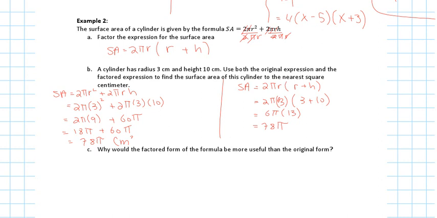It's easier to evaluate, okay? I'm not going to write anything for this. There's not much to write, it's just your opinion. Why do you think it is? I say it's easier, less operations. I don't have to do too many operations.